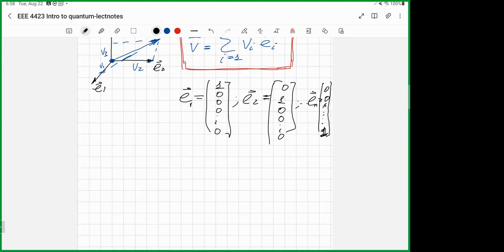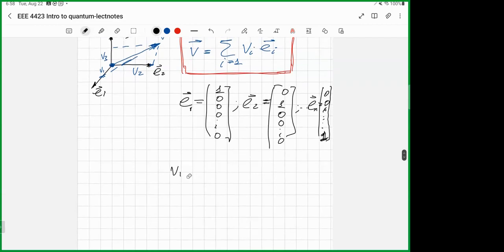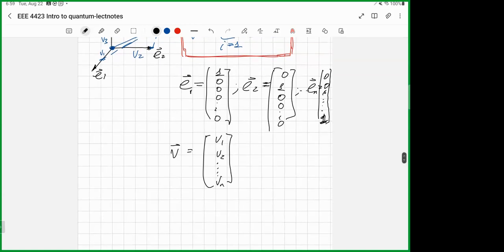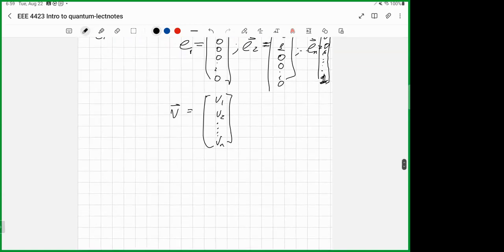And in this basis, our vector v gets the projections v1, v2, all the way up to vn. So these are the components of the vector.